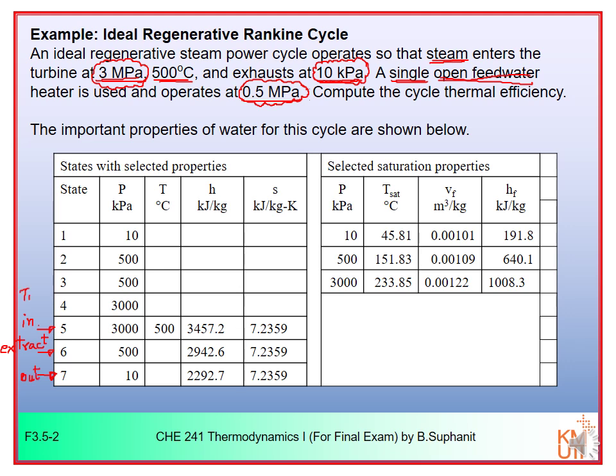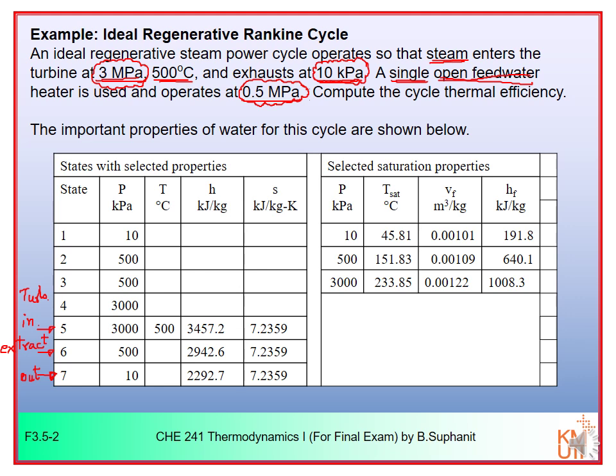We also have some useful information at the saturated condition as follows here, at 10 kilopascal, 500 kilopascal, and 3000 kilopascal.